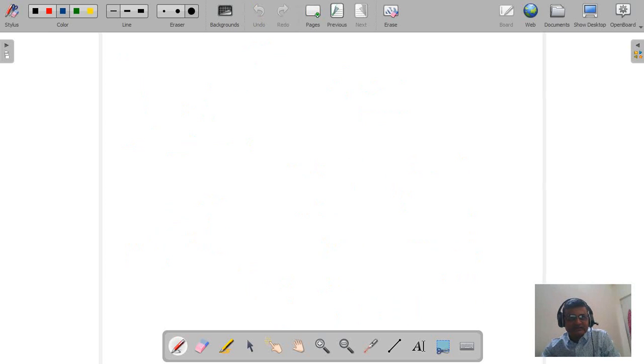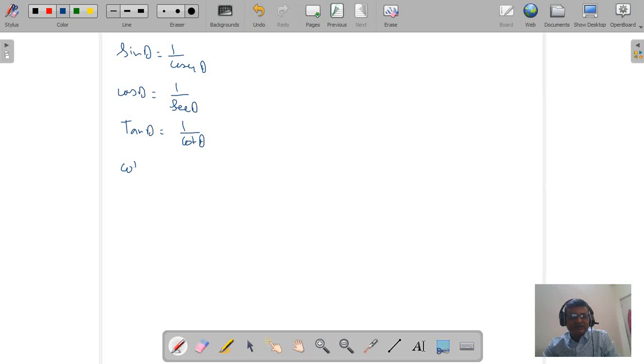Now we'll discuss that sine theta is equal to 1 upon cosec theta. Similarly, cos theta is 1 upon sec theta. It is just the reciprocal of it. Similarly, tan theta is nothing but 1 upon cot theta.